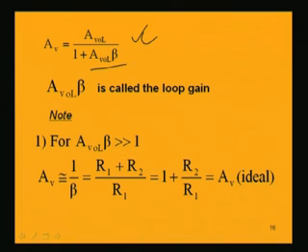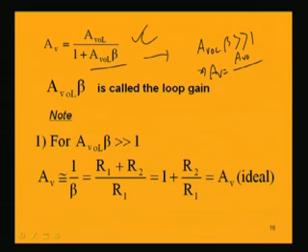Now, if we have AVOL beta very large as compared to 1, then the gain will be given by AVOL by AVOL beta.